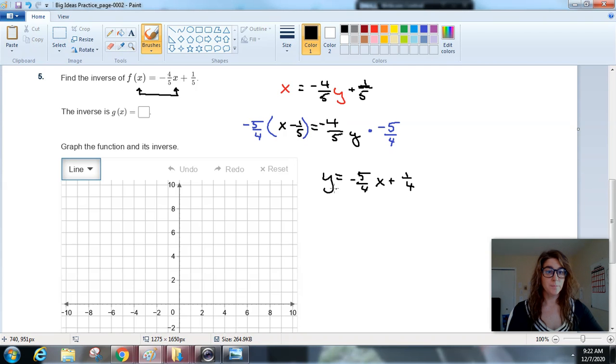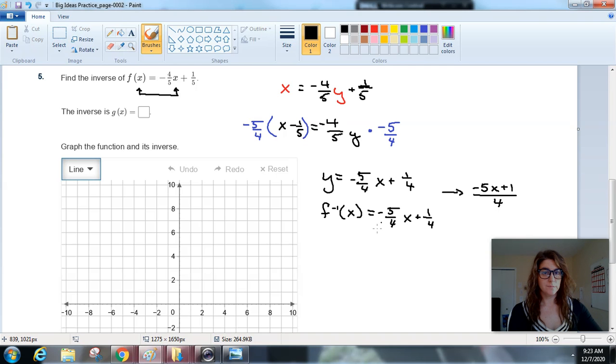The 5s would cancel out, which would be my f prime. If for whatever reason it didn't take that, it might have just put it all over a single fraction like this. However, they gave you 2 separate fractions up top. I would assume this would have been a valid answer.